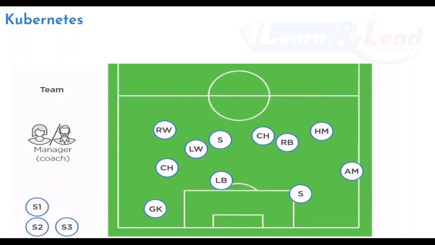Now we introduce, or deploy, a manager or a coach for them. The coach comes here and assigns or defines a role. Okay, you should do this, you should do this role. Like we have a striker, goalkeeper, and all those guys. So whoever is deployed as goalkeeper would obey their own role and responsibility.